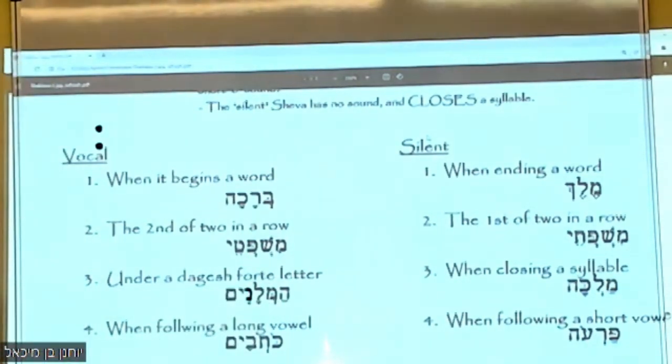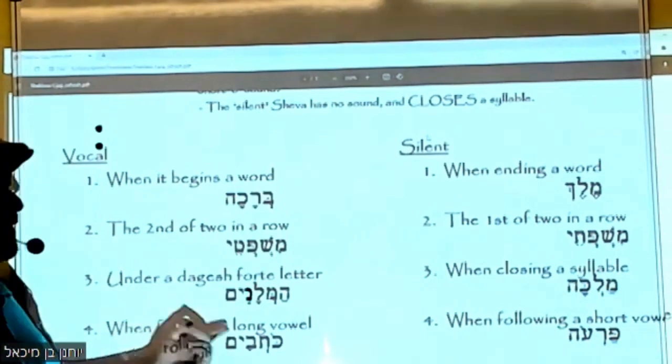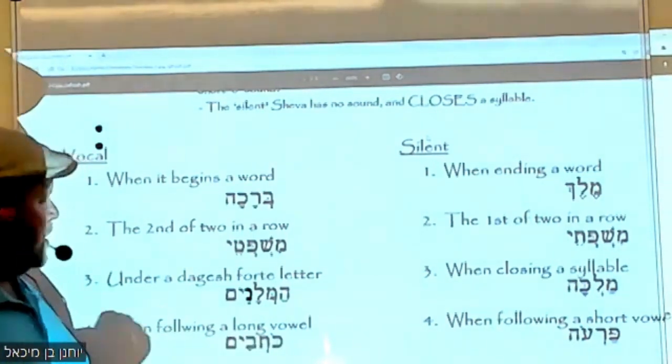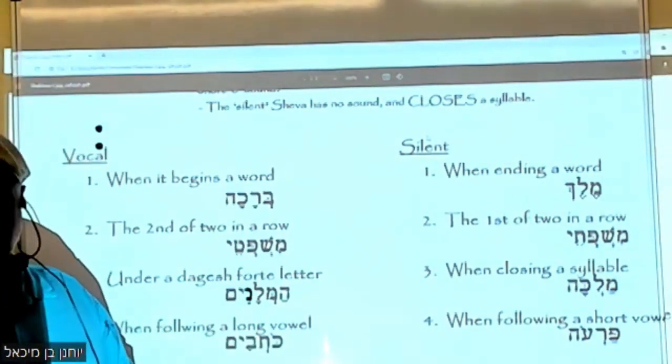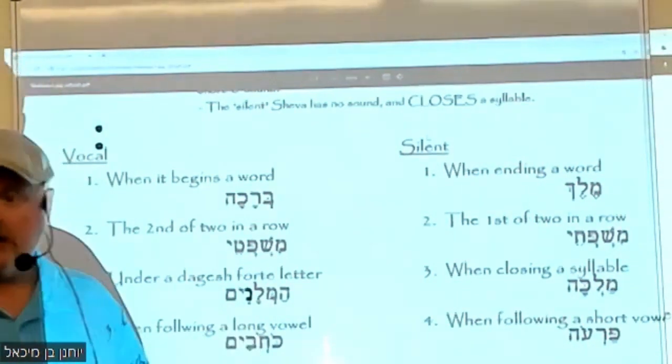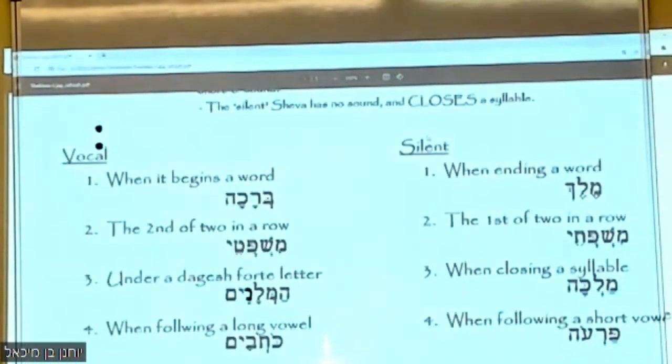Okay. And then the fourth time is when it follows a long duration vowel point. So what's this first letter we have here? It's kaf. And how is it pointed? Holem. So holem is what type of vowel? A long duration vowel point. So how do we pronounce that syllable?